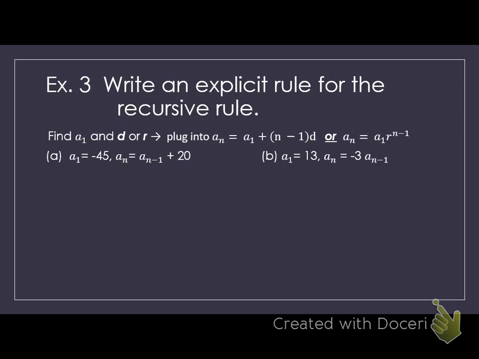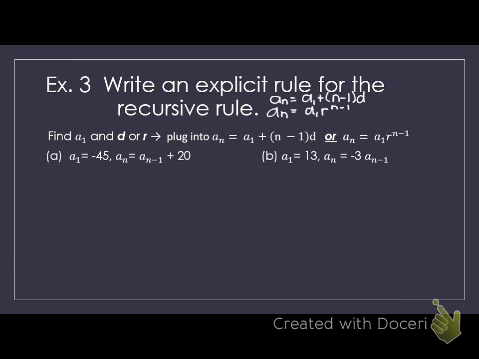Now, again, as a quick reminder, we talked about the explicit rules at the very beginning. The arithmetic one was a sub n equals a sub 1 plus n minus 1 times d. And then a sub n equals a sub 1 times r raised to the n minus 1. These are our explicit rules. So if I'm asking you to look at a recursive rule and write an explicit rule, we still only need 2 pieces of information.